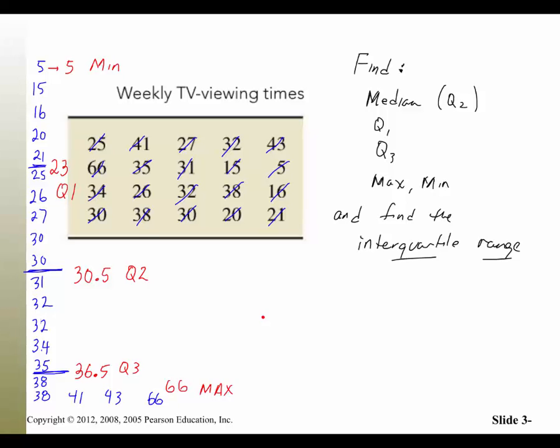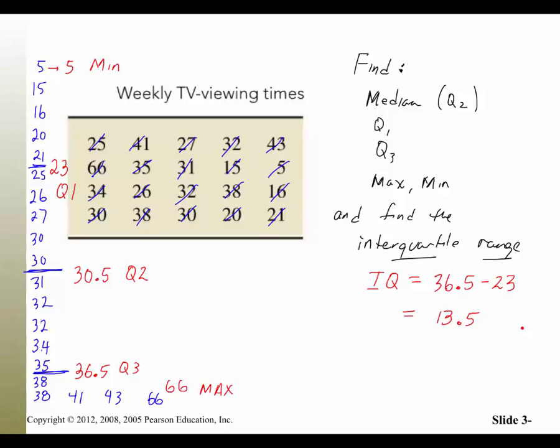Okay, so how do we find the interquartile range? What do we do? Tell me. Or just how you set it up. And the answer is? So that's how wide in terms of number.